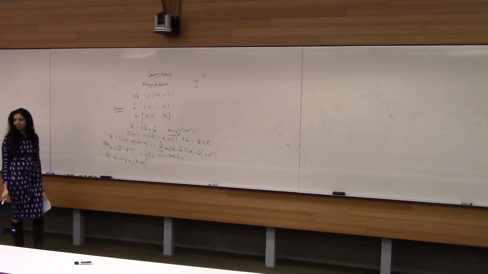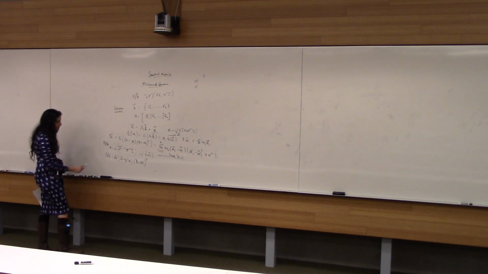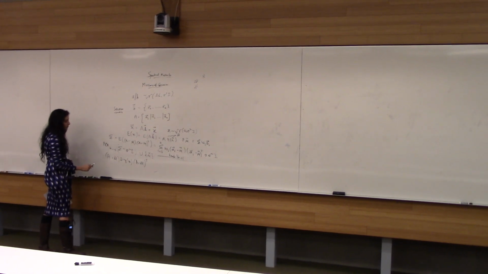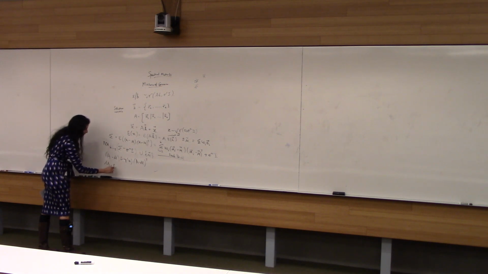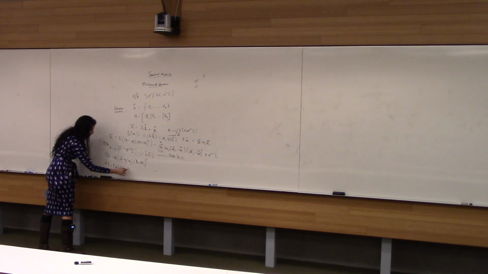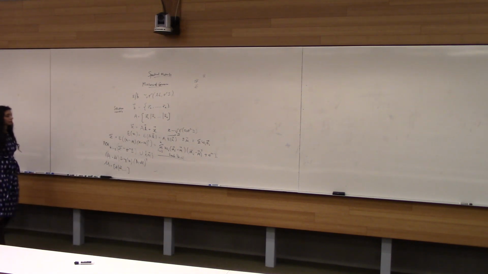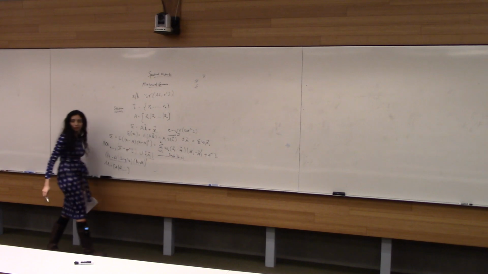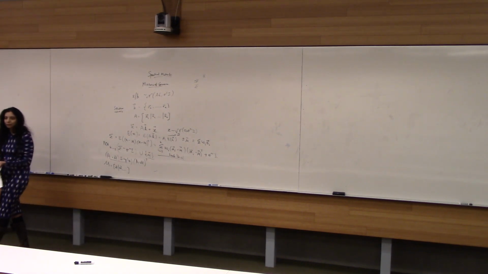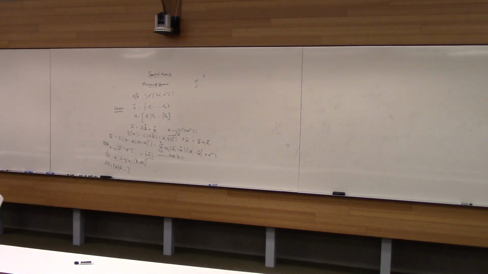Right? So let me just make sure. So this is my big mu, which is mu, mu. Okay? This information. Do I know everything about the model if I know this?